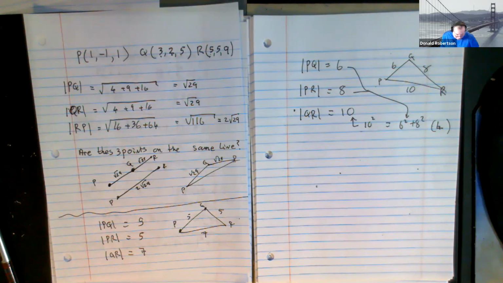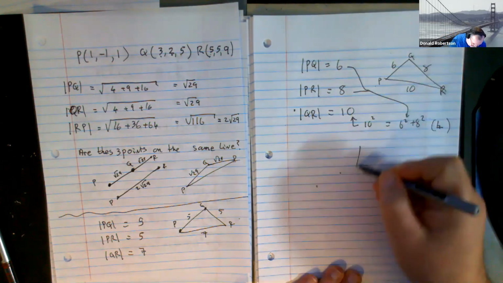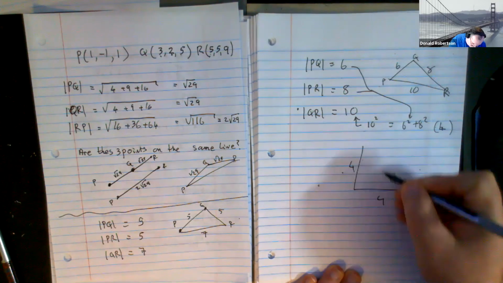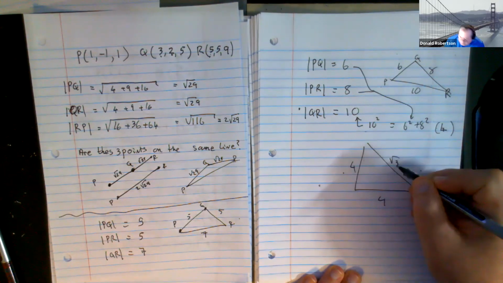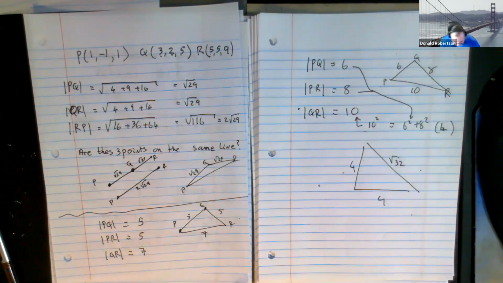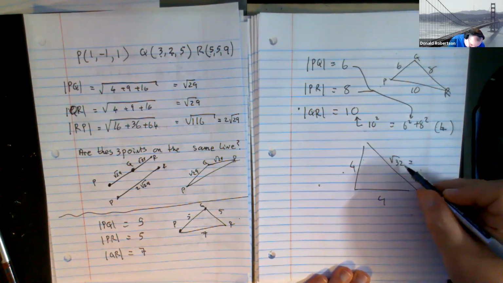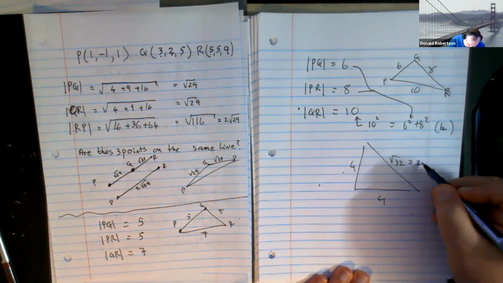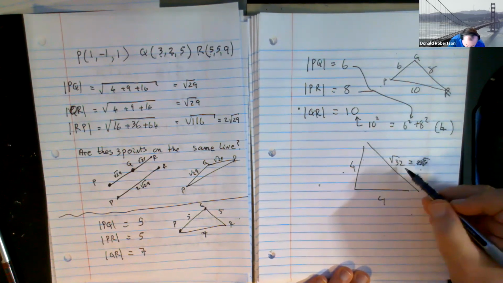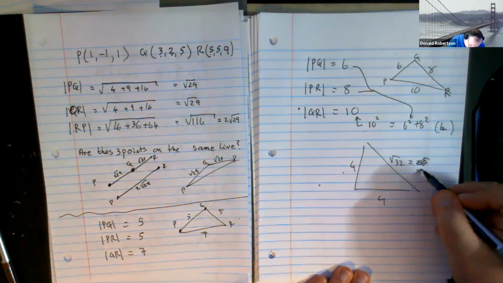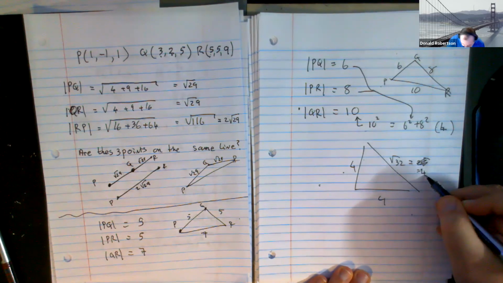Yeah. 4, 4, square root of 32. Which, by the way, I should have simplified, shouldn't I? What's that going to get me? 4 eighths? It's going to give me 2 root 8. No, that's going to give me 16. Oh, it's going to get me 4 root 2.